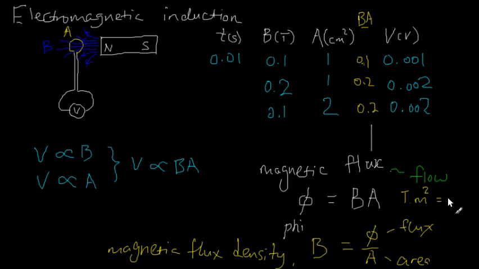It is given the name Weber. The short form is WB, and WEBER is Weber. So this then is the unit for magnetic flux.